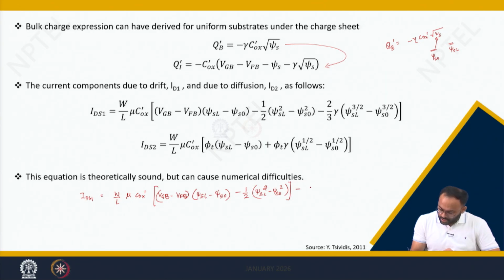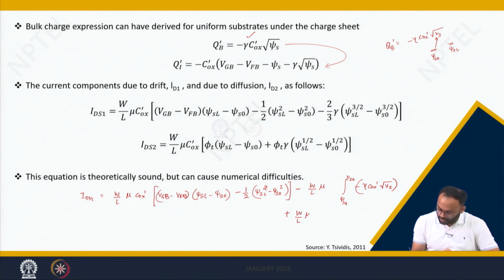Now minus W by L into mu into Cox dash, integration of Qb dash, meaning minus of gamma Cox dash into root psi s. So here no extra Cox dash will come. Now this minus and minus become plus.